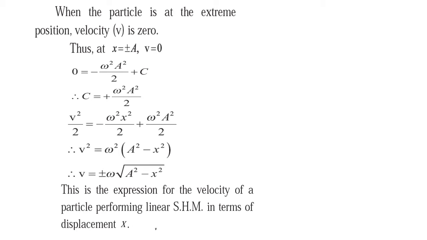Now take omega square as common, so v square is equal to omega square into bracket a square minus x square. If we take the square root on both sides, we have v is equal to plus minus omega under root a square minus x square, where a is the amplitude and x is the displacement.